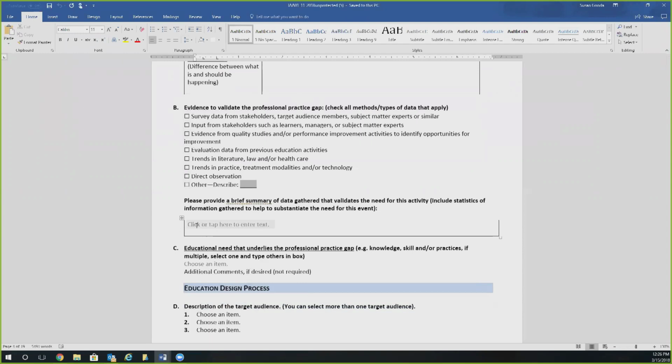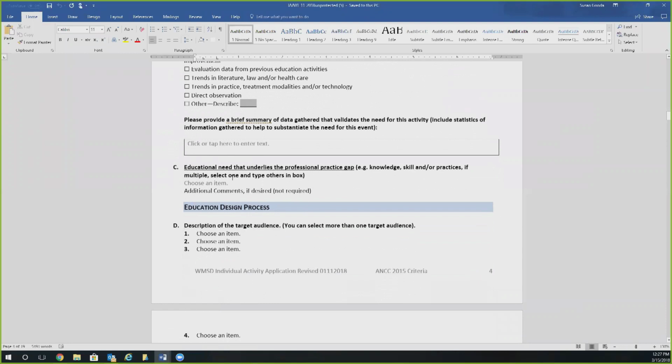So perhaps you got a lot of feedback from nurses on the unit, perhaps you got feedback from the physician group that there's a problem, maybe there's something at the hospital level organizationally that is a problem or a new initiative for the hospital. So explain your data right here and just check the box of how you got that data.